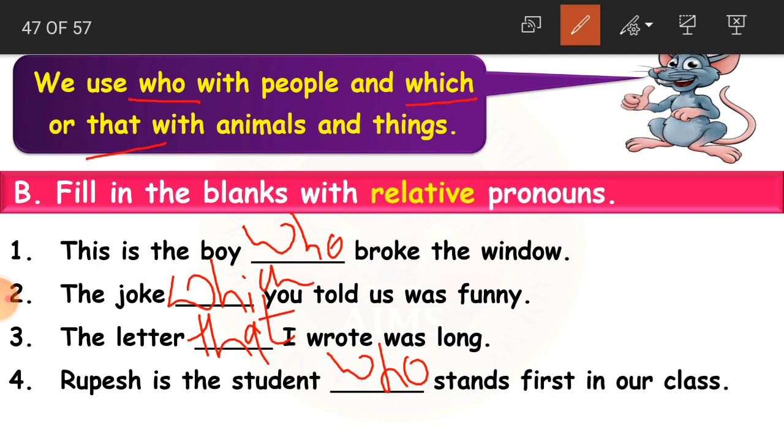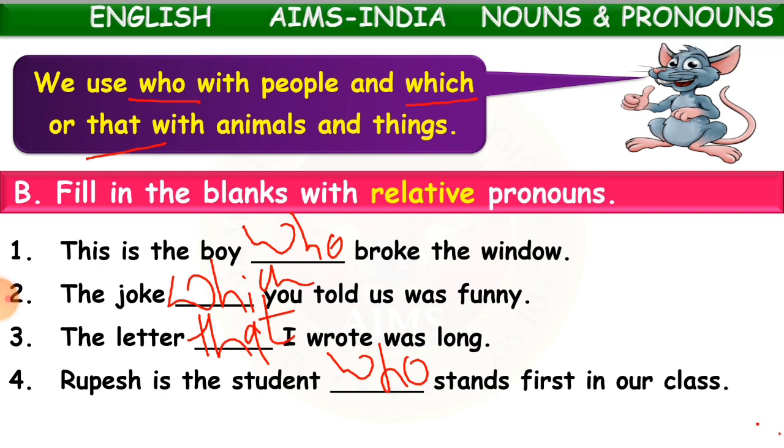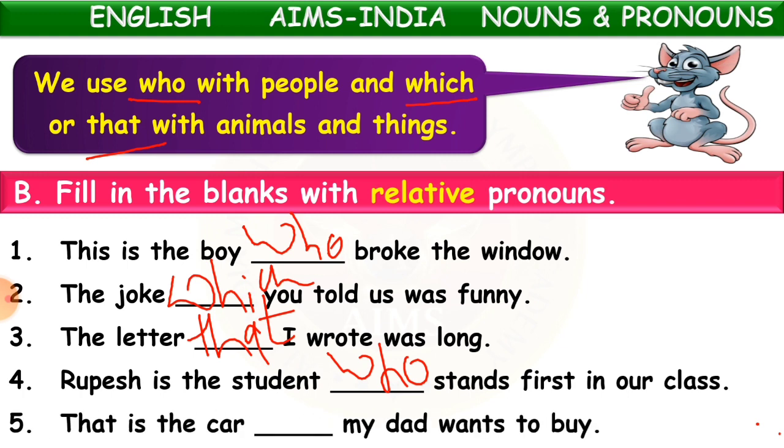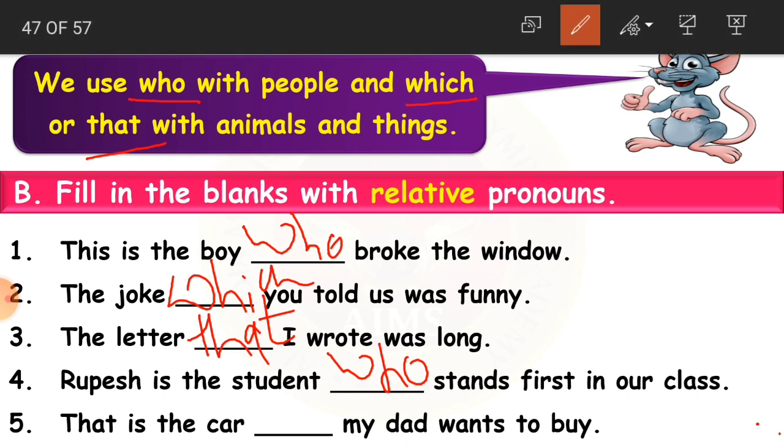Who stands first in our class. Now the fifth one, that is the car dash my dad wants to buy. That is the car which my dad wants to buy. So we'll just write it here, which my dad wants to buy.